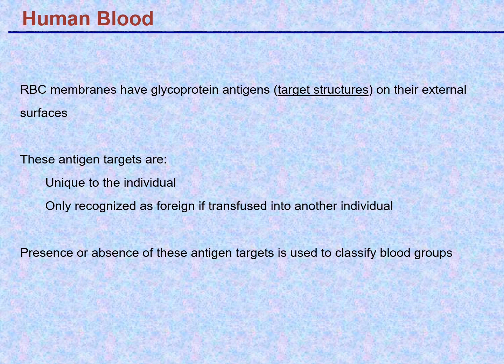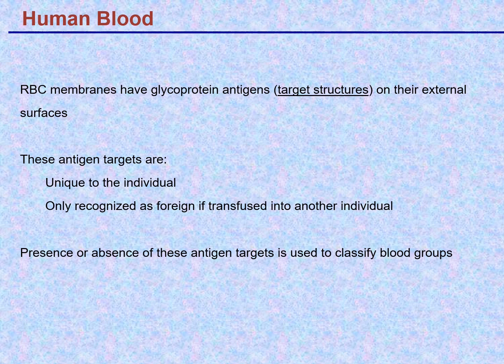They're not foreign antigens in an individual, but if transfused into another, they could be. It depends if the person has those antigens present in them or not. If they don't, then the blood from another person would be non-self and would be perceived as a foreign antigen.